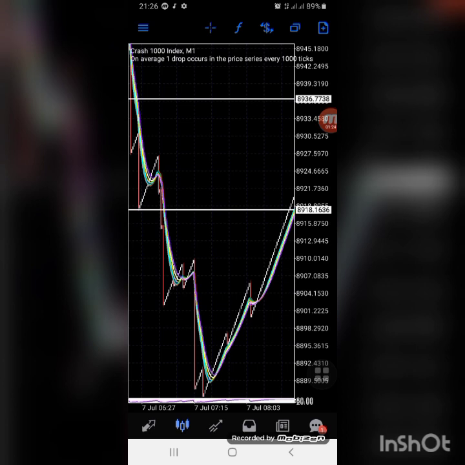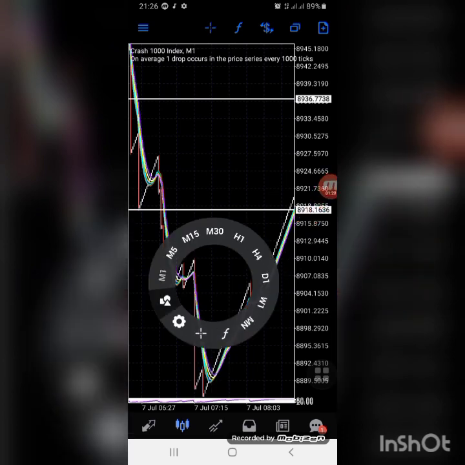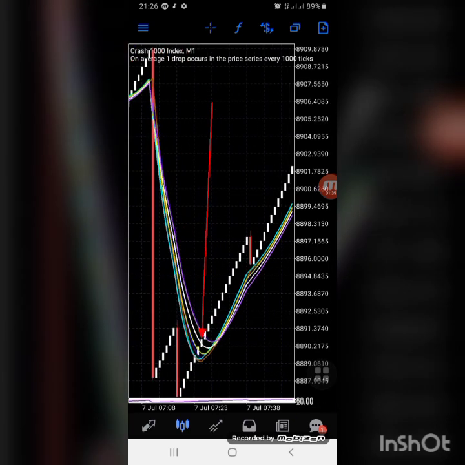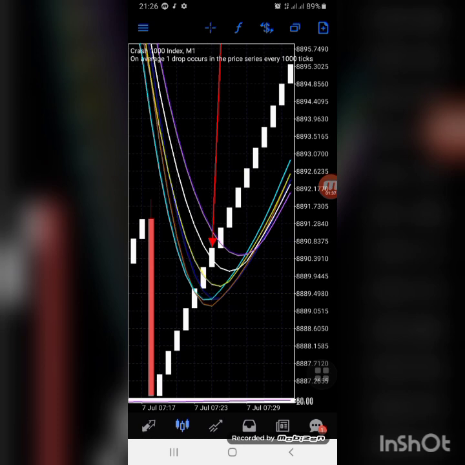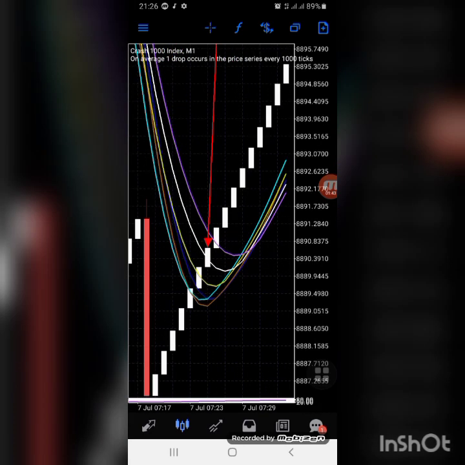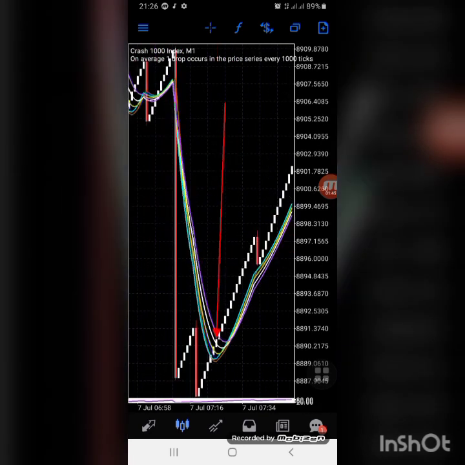Your entry is when you see this happen. When you see these moving averages, when they all cross, not only crossing, you will see the one in a faint blue. Let me show you what I'm talking about.